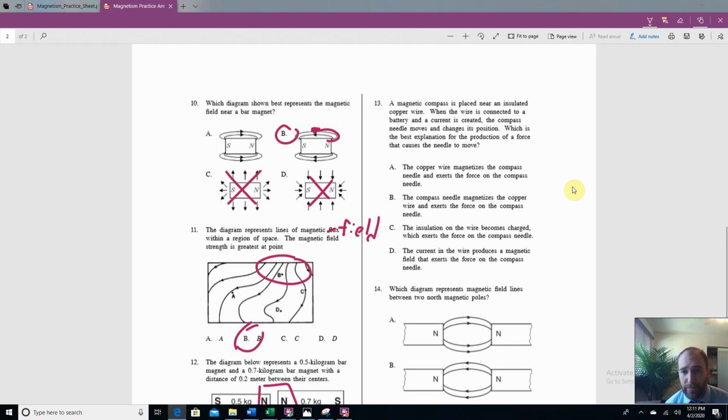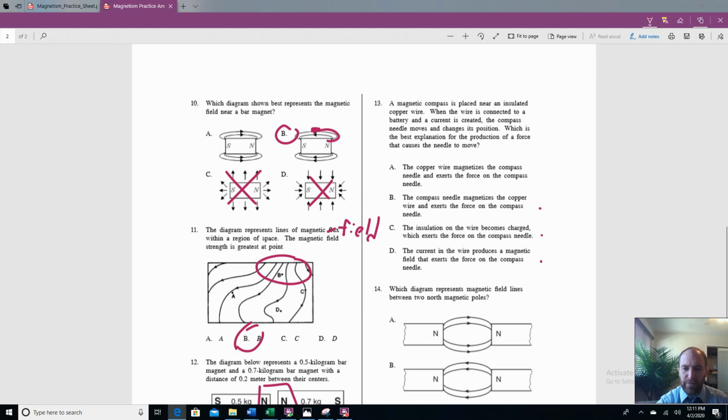So out of all of these, what are we going to go with? The copper wire magnetizes the compass needle and exerts a force. Magnetizes the compass needle? I don't know about that. Let's look through all these. The compass needle magnetizes the copper wire and exerts a force on the compass needle. The insulation on the wire becomes charged, which exerts a force on the compass needle.